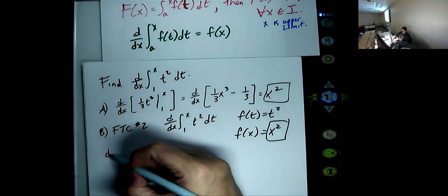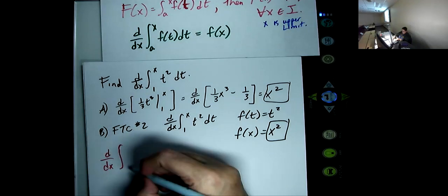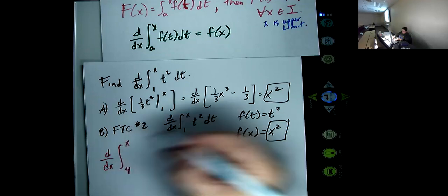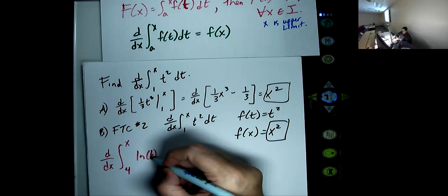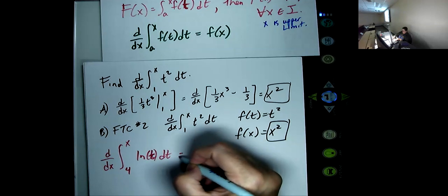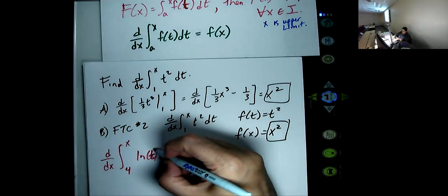If I gave you d dx of the integral from 4 to x of natural log of t dt, what should we get? Let's make it even better. Let's do t cubed.